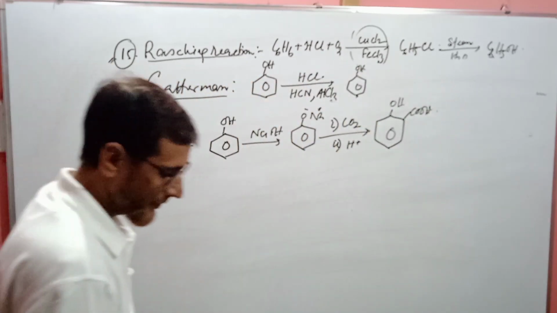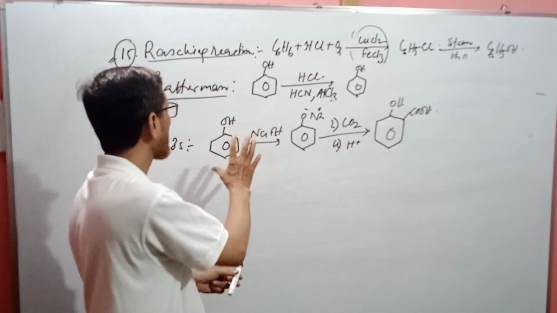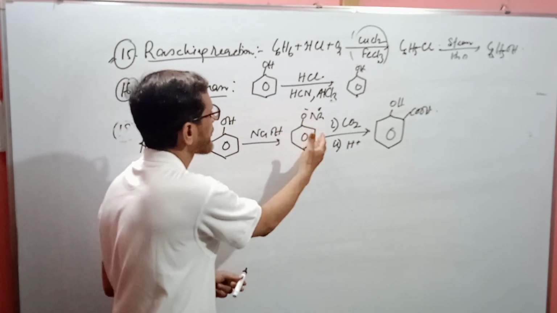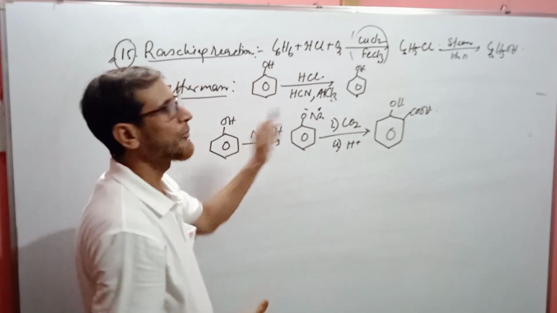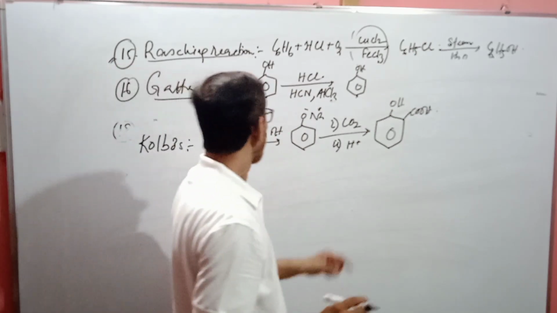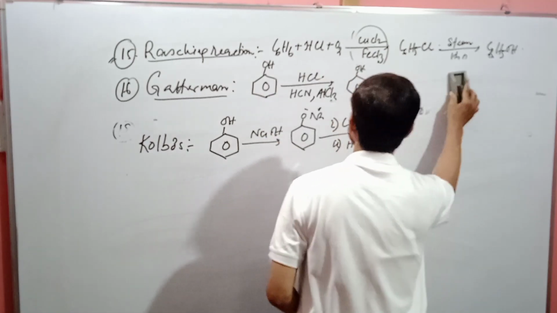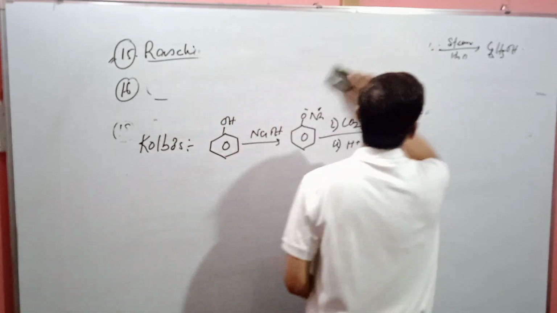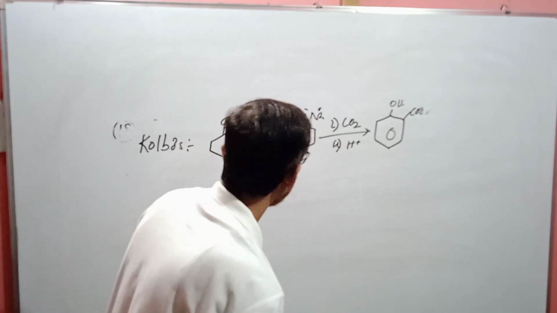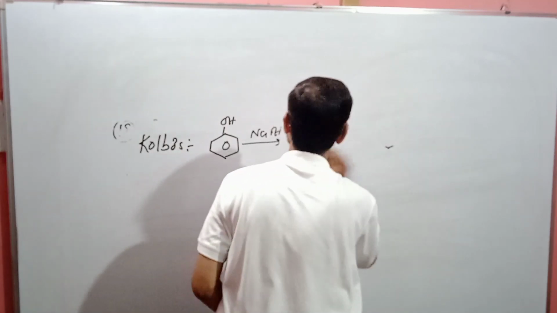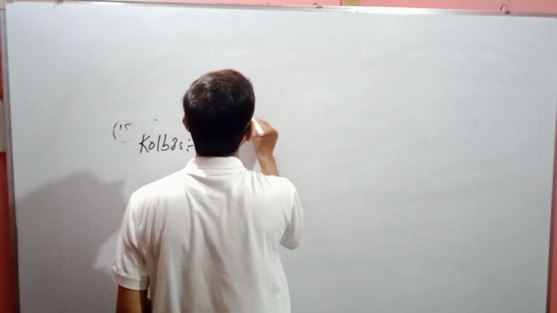Now let's see what I actually told you: first we convert phenol into phenoxide, then the OH comes back again. What is the use of these things? Why are we doing these things? The fact is that I am showing the mechanism first. You first see the mechanism, and automatically you can understand. The mechanism is not important in your exam, but I am showing it just to see the mechanism. This is phenol.